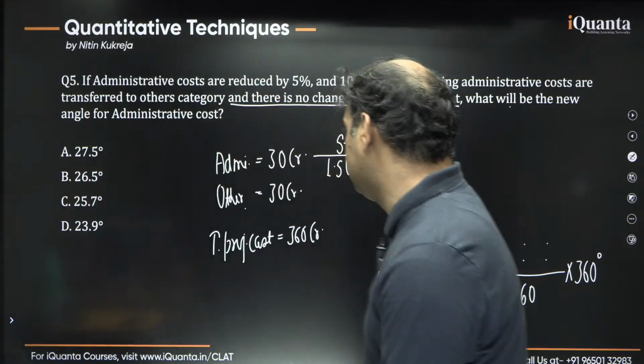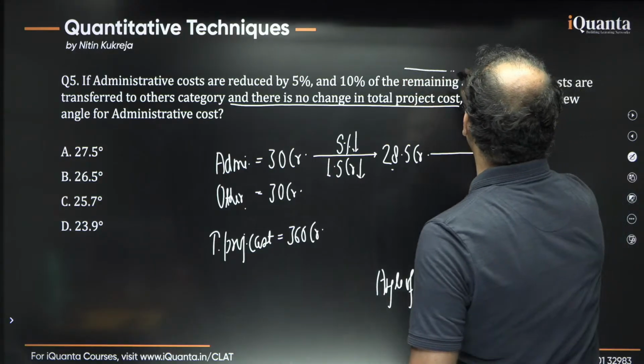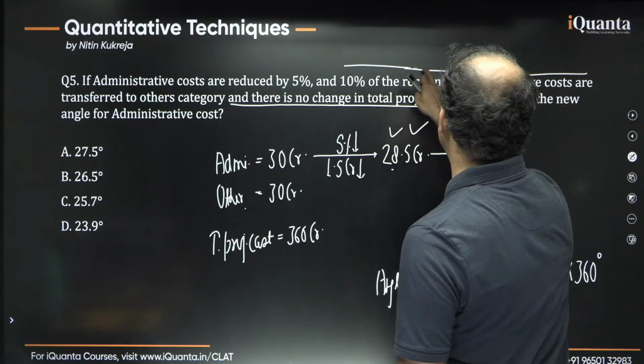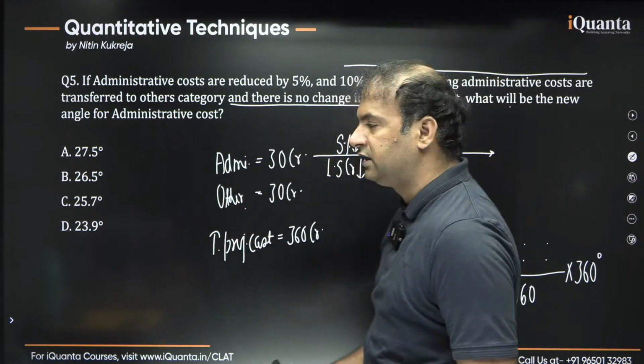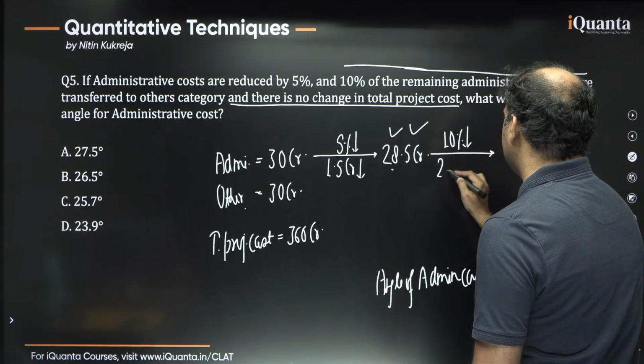So what we did here: first it decreases by 5%, then the remaining administrative cost is 28.5 crore, and its 10% is being transferred to the other category. The 10% of this is 2.85 crores.